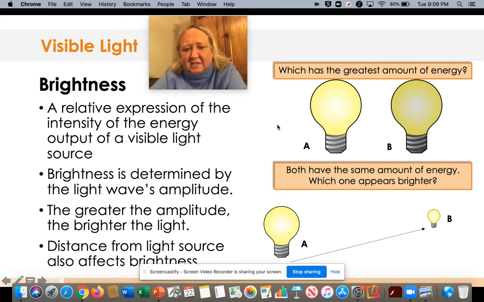The brightness is determined by the light wave's amplitude. Remember, we talked about amplitude with sound. That's how high its wave is when graphed. So the greater the amplitude, the brighter the light. These two sentences say the same thing. And the last comment there is pretty much common sense. The distance from the light source affects its brightness.